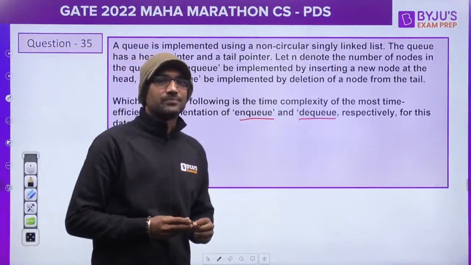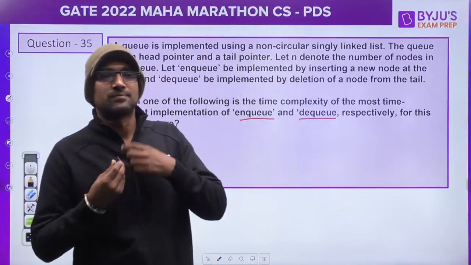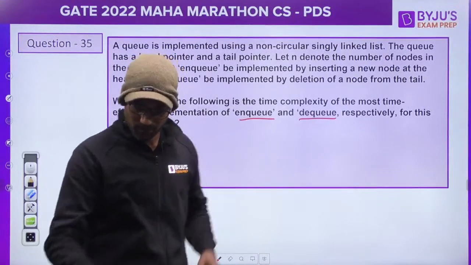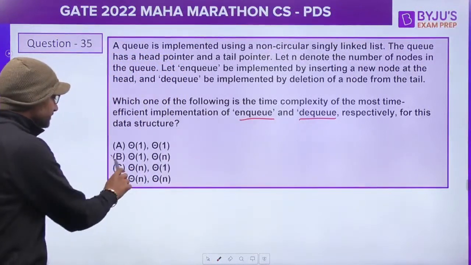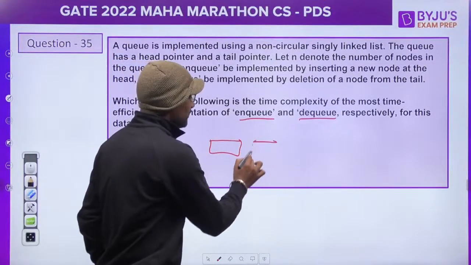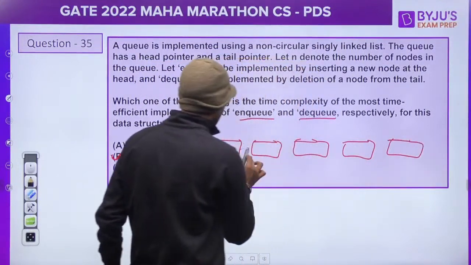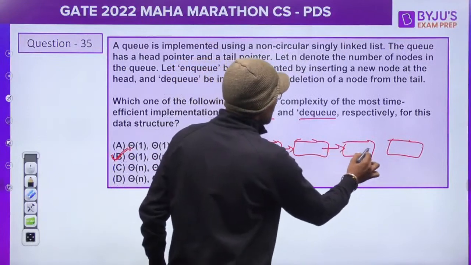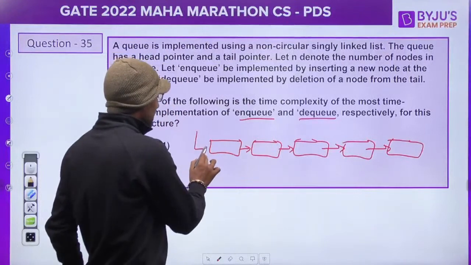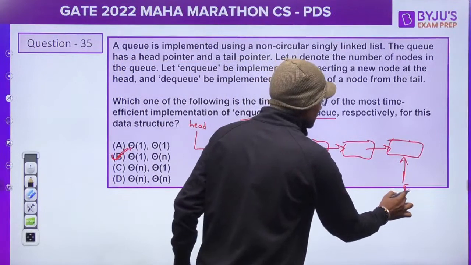Yes, guys. It is option B, because if you are implementing the queue using a singly linked list, here we have the head pointer and here the tail pointer.